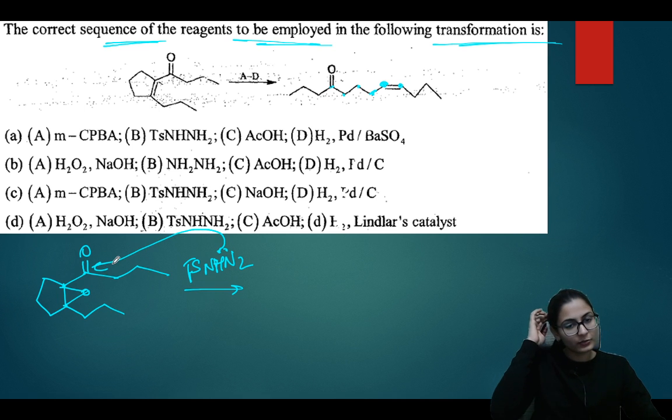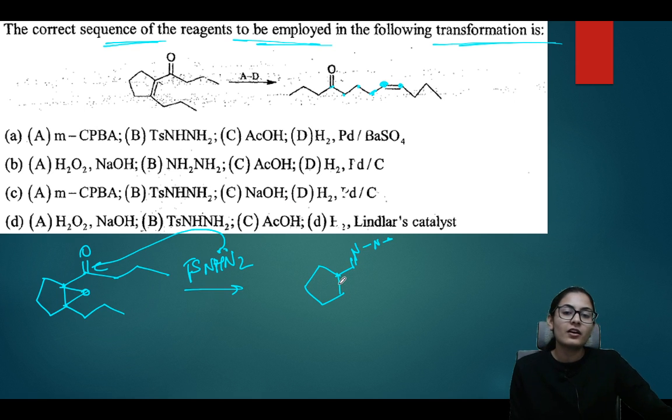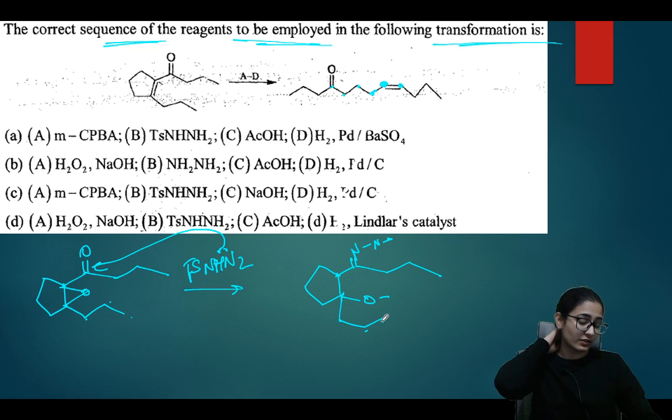Like this. Okay, so the bond is going to open up, and that gives you something like this. It is O minus on the other side. These are 1, 2, 3 and 4. Alright, so it is a single bond chain, so it can rotate.